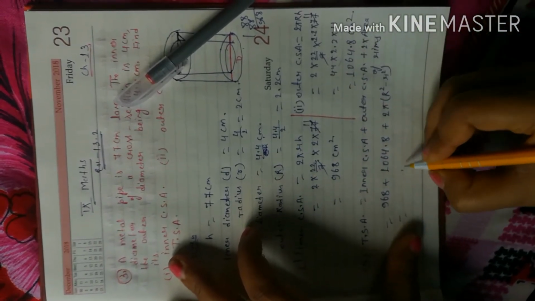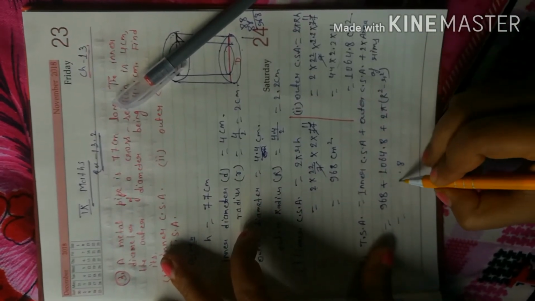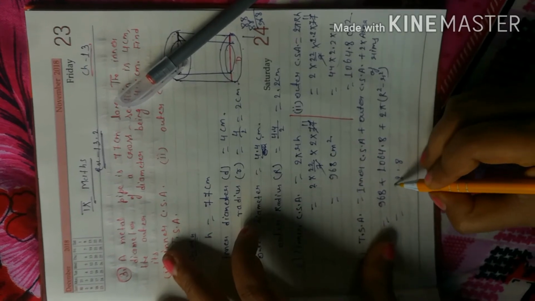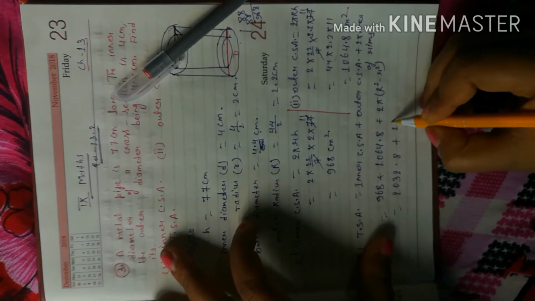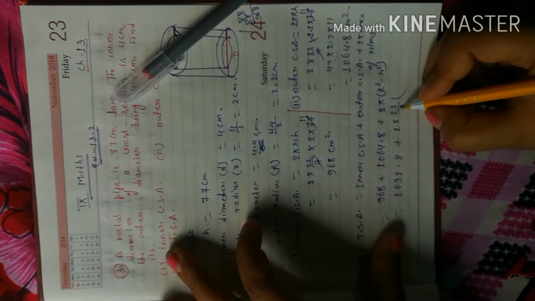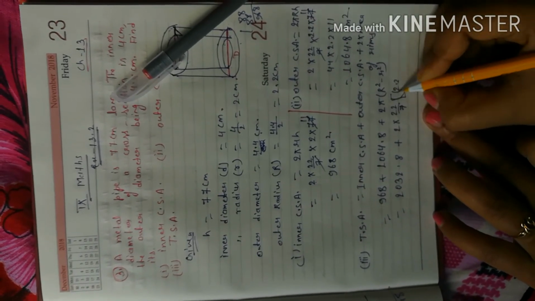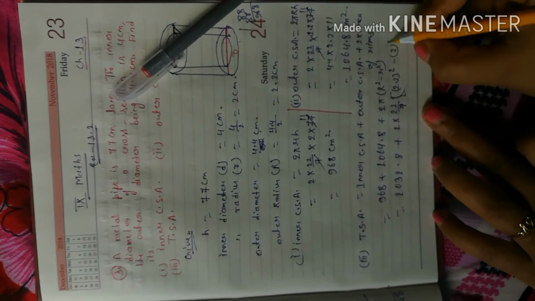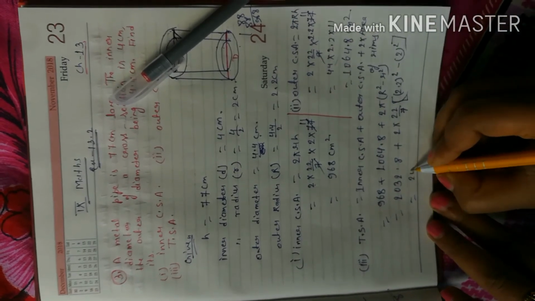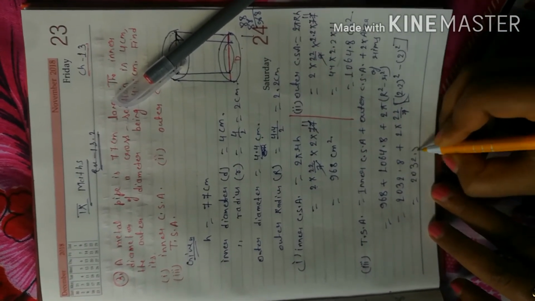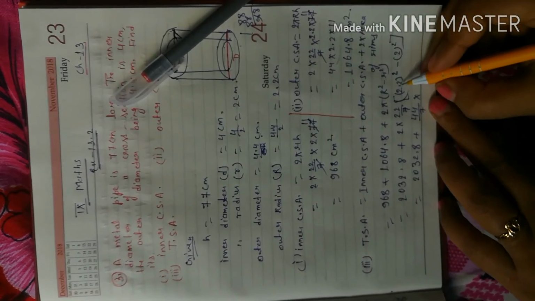Now we will add it. 968 plus 1064.8 gives 2032.8, plus 2 into 22 by 7. At the place of capital R we will write 2.2 whole square, and at the place of small r we will write 2 square. Now 2032.8, here we will write 44 upon 7 into 2.2 square.